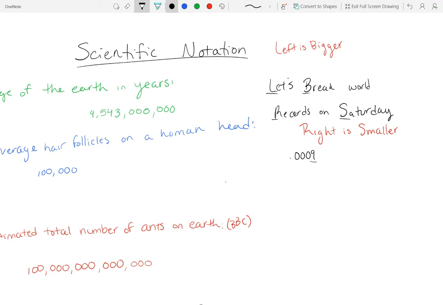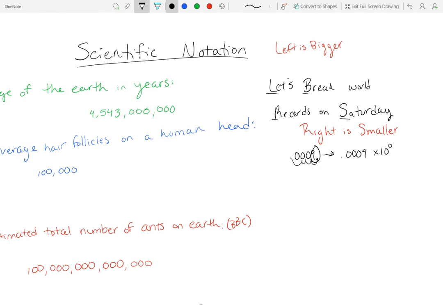Since we want the decimal to be to the right of the first non-zero digit, this is where we want it to be. We need to move the decimal over to the right, so 1, 2, 3, 4 times to the right to get right there. Since we moved the decimal over to the right, according to our mnemonic, right is smaller, so the exponent should be smaller. Right here we had 0.0009 times 10 to the 0.